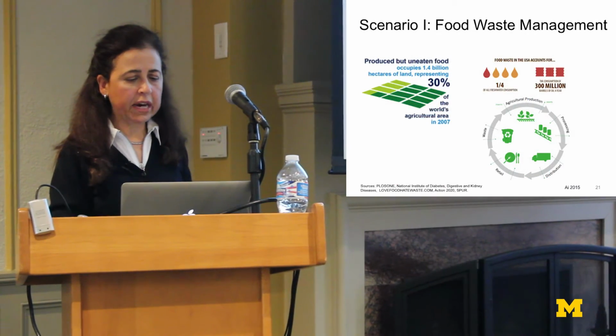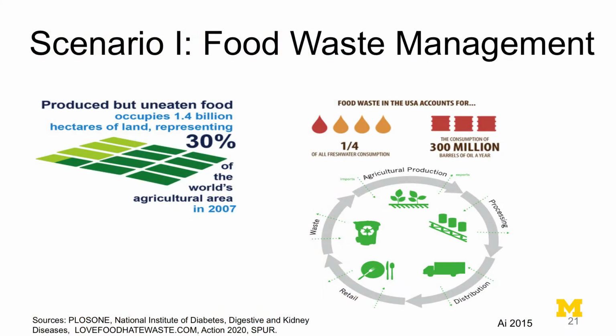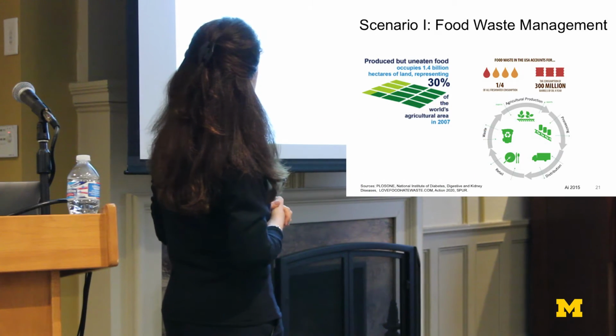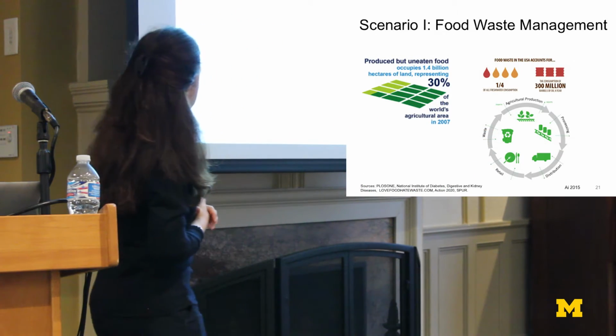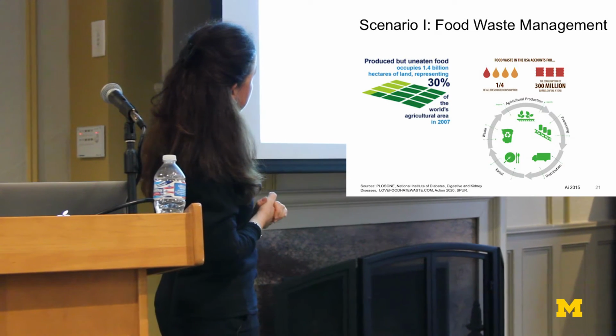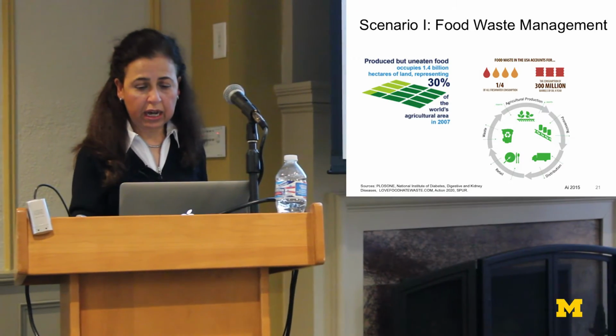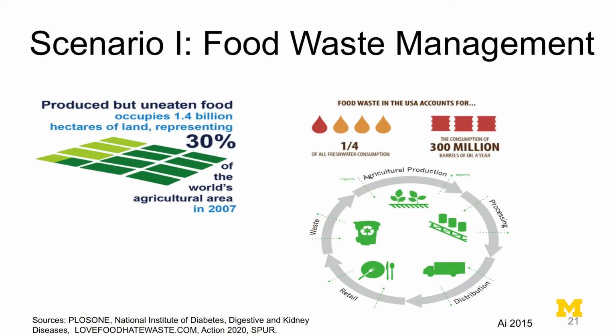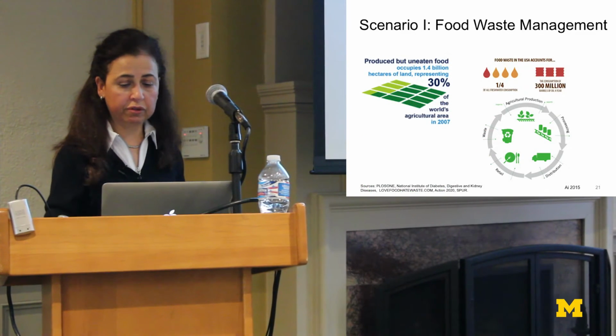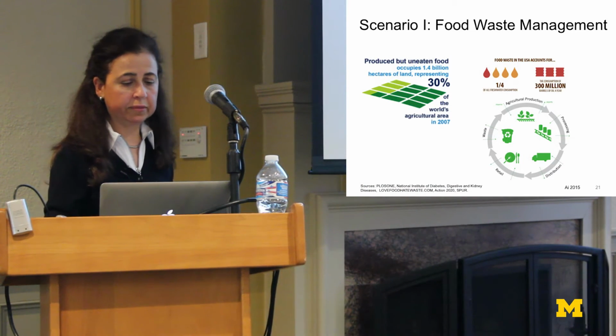So going back to our food waste management scenario, these numbers are really impressive. Produced but uneaten food occupies 1.4 billion hectares of land, and they represent 30% of the world's agriculture area. That was in 2007. And this has implications with water, because the water that is used for watering these crops goes to waste, because the food goes to waste as well, right?